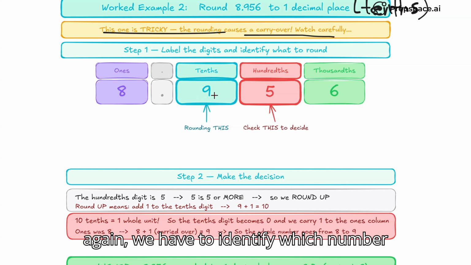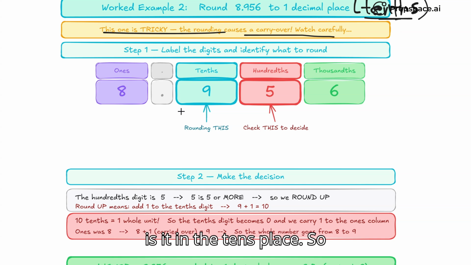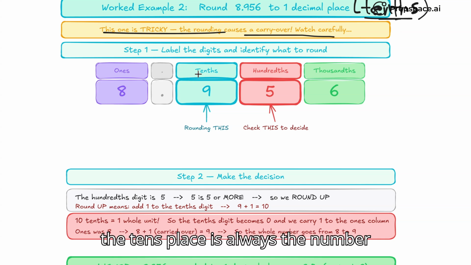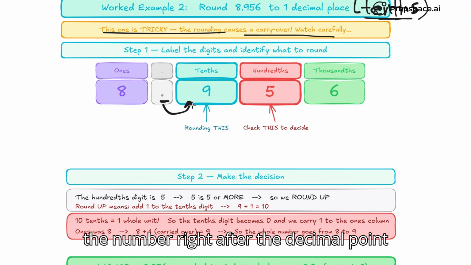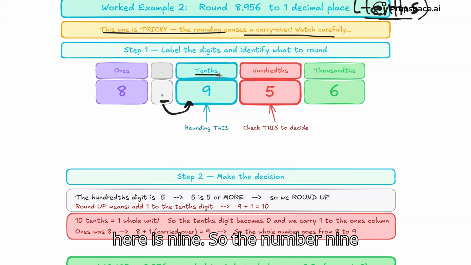So step 1, again we have to identify which number is in the tenths place. The tenths place is always the number right after the decimal point. So the number right after the decimal point here is 9. So the number 9 is in the tenths place.